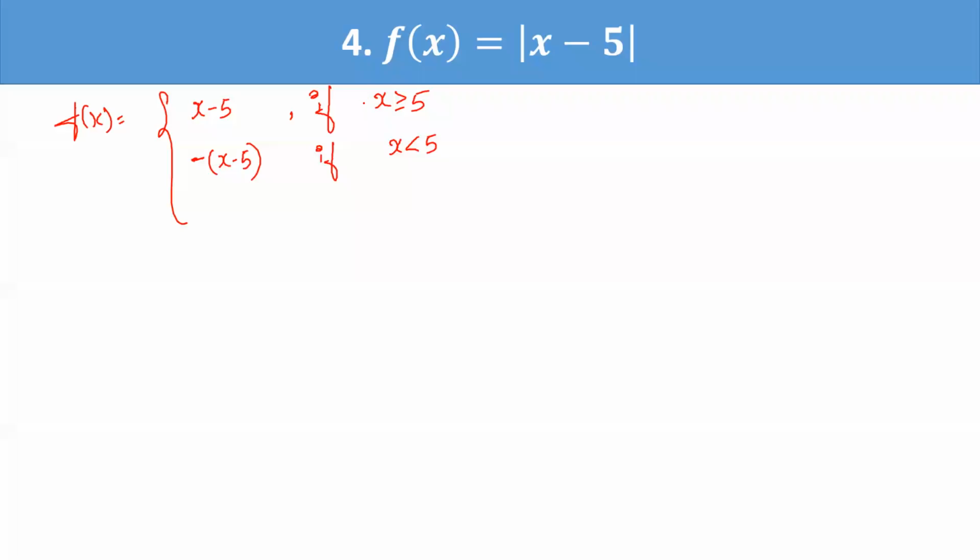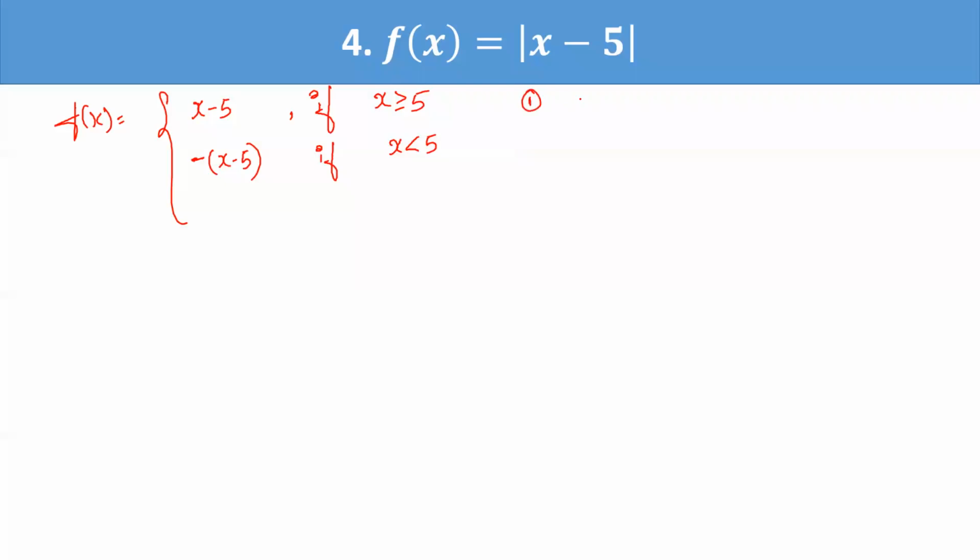Noor Fatima, just check, because we are defining the function for x greater than 5, x less than 5, and x is equal to 5. So what are the 3 cases? Students, I'm not talking about the definition. I'm asking the cases which you have to discuss over here.